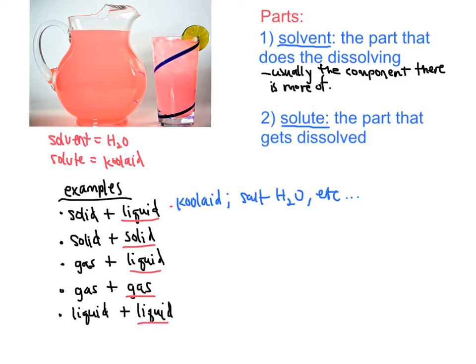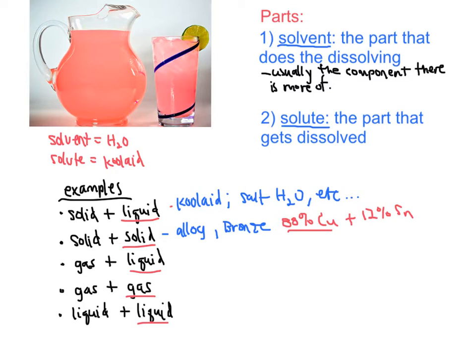You can also have solids dissolved in other solids. Examples of that would be any metal alloy, like bronze. Bronze is a metal alloy that's made of 88% copper and tin. The other 12% would be tin, and that makes the copper your solvent and the tin your solute.